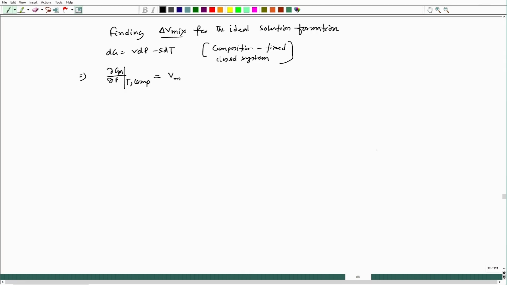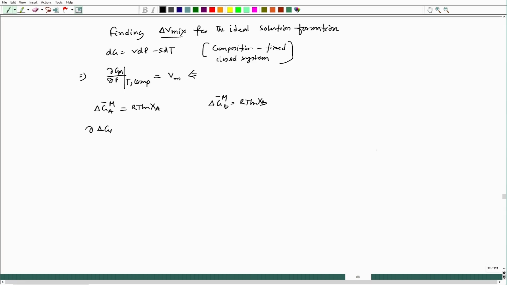Now, if we try to see, delta G bar M A equal to R T ln x a, and delta G bar M B equal to R T ln x b. So, we can actually use this particular expression here also.